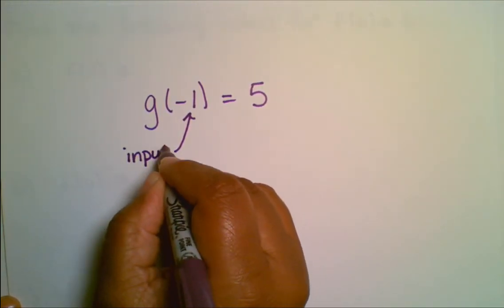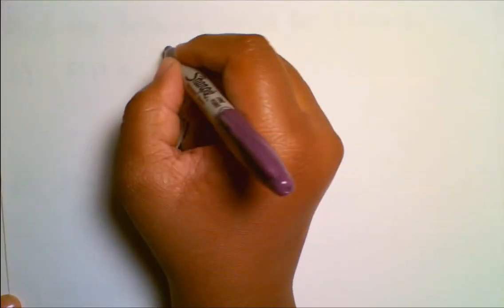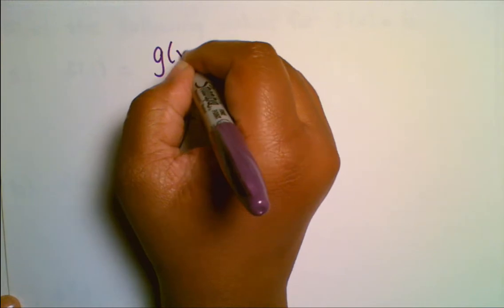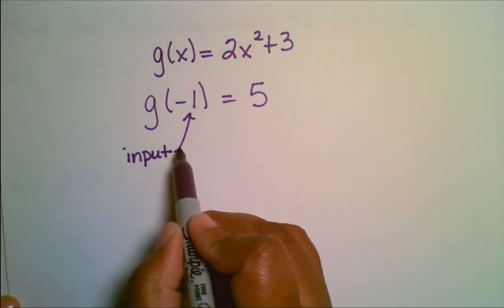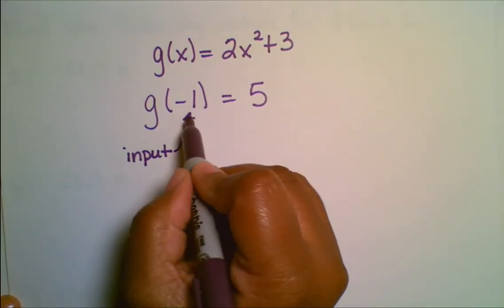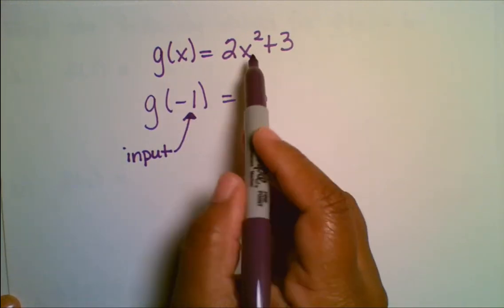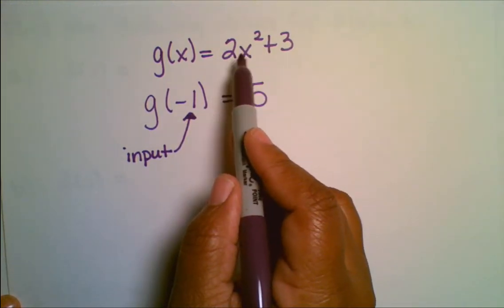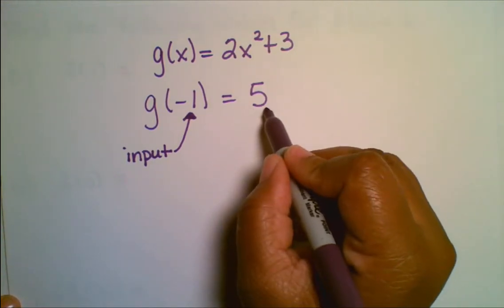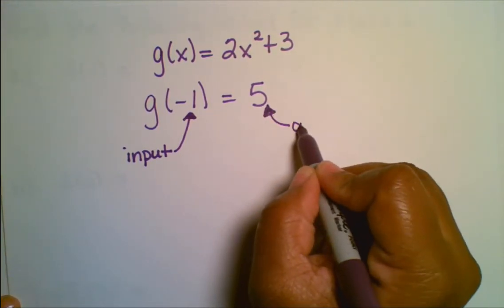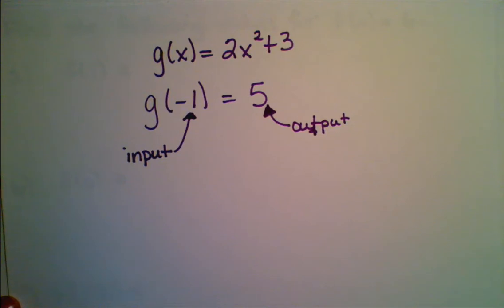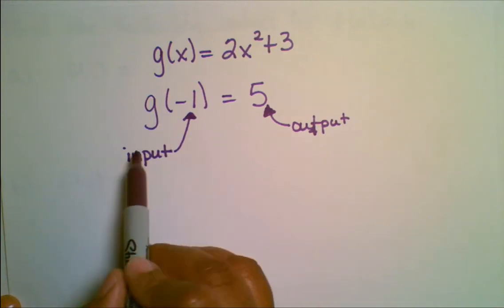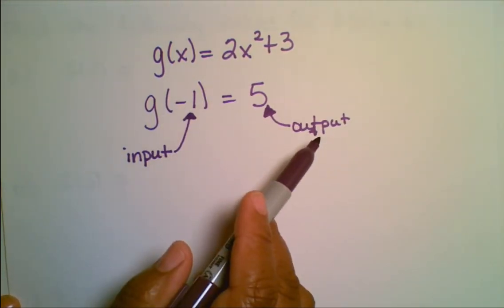This would be your input value, meaning we plugged into the given equation, substituting negative 1 in for x, and then squared it, times it by 2, then we added 3, and then we got an output value of 5. So meaning the negative 1 went in, positive 5 is what we received.